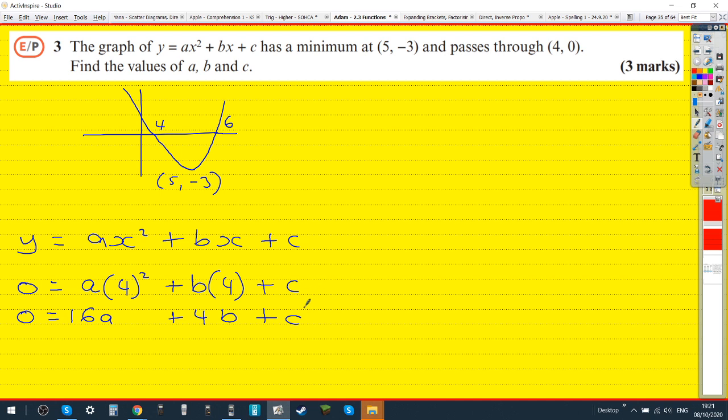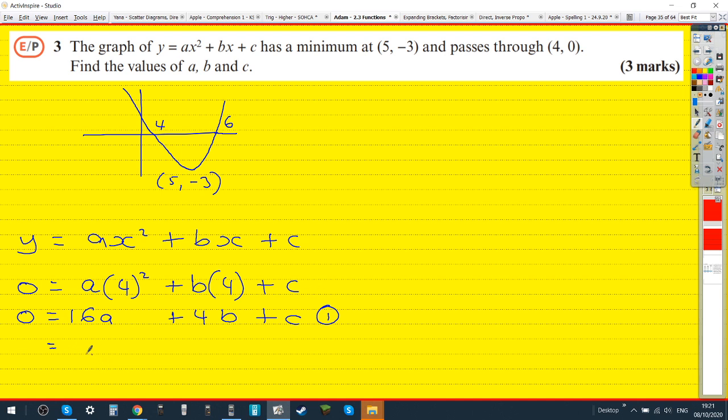And then could you put that into the calculator? It's got 3 unknowns, so you need 3 equations. We have 1 so far. Oh, so we need to substitute 6 in now. Yeah. So y equals ax squared plus bx plus c.